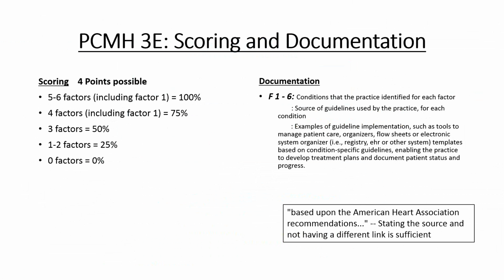And you can see there some of the different examples that they offer, whether it be flow sheets or templates, again, coming from the EMR, and keeping in mind that all 3 of those different things are required for each factor.